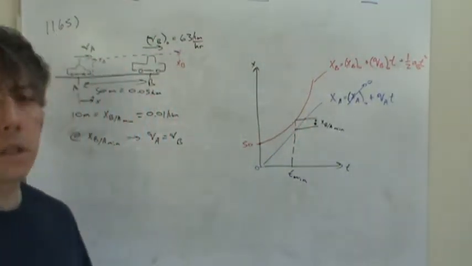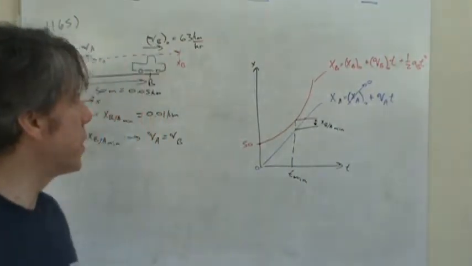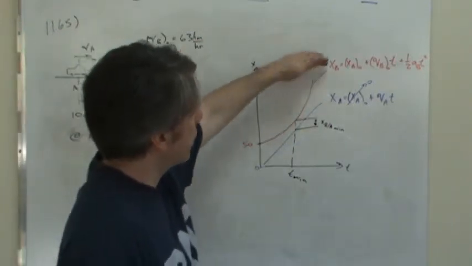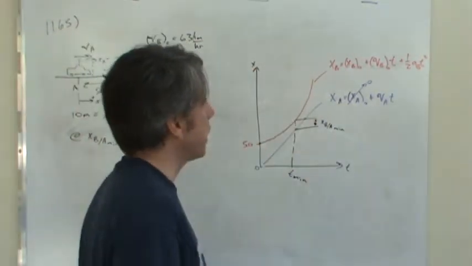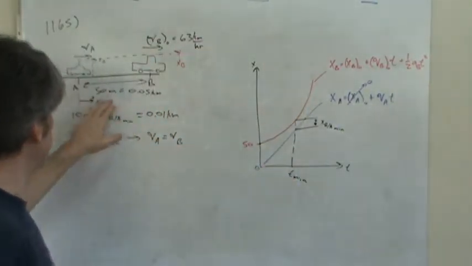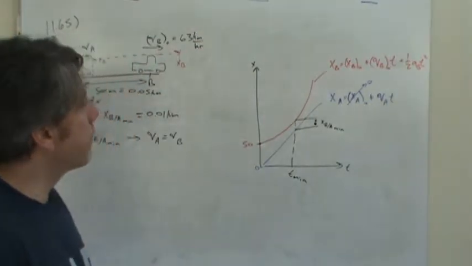Okay, that's just the constant acceleration equation, which we know we can apply because we're told that the acceleration of B is constant. So here's the equation of this line, here's the equation of this line, and we know that at their closest they are 10 meters apart, or 0.01 kilometers apart.